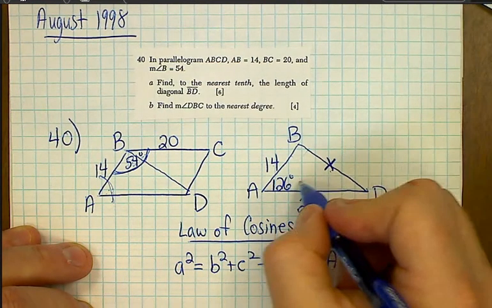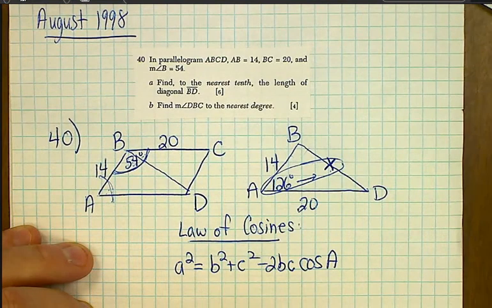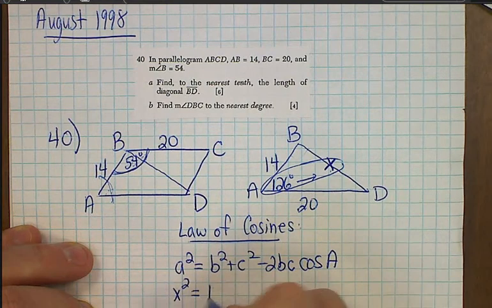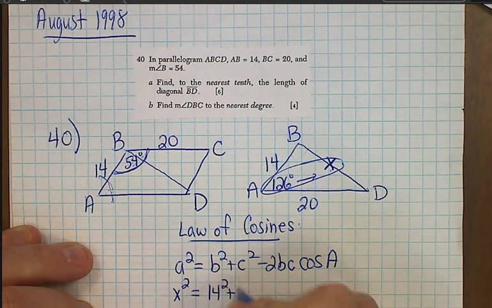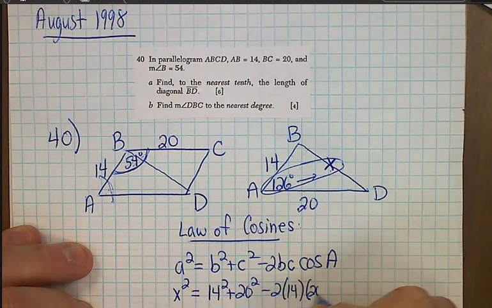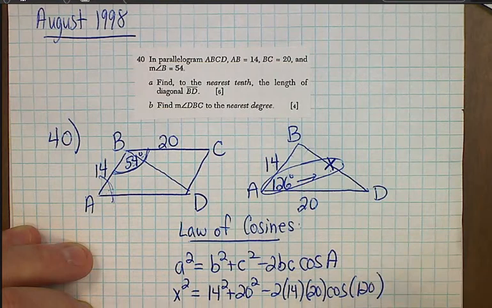This is the important piece, that these two are put in their right spot. This is the angle, so the side opposite gets placed here. Then I go 14 squared plus 20 squared minus 2 times 14 times 20 times the cosine of 126.